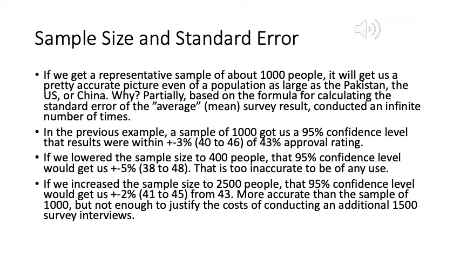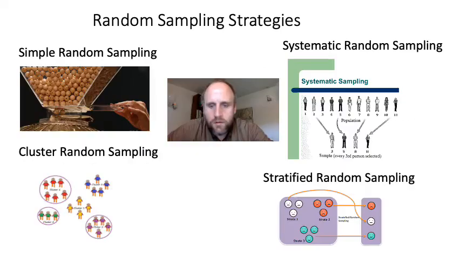So this is why that sample of 1,000 is generally good enough. In this case, it's pretty typical of a survey. The result is 43%, and we'd have a confidence level of plus minus 3, so we could be 95% certain that the results are within 40 to 46%.